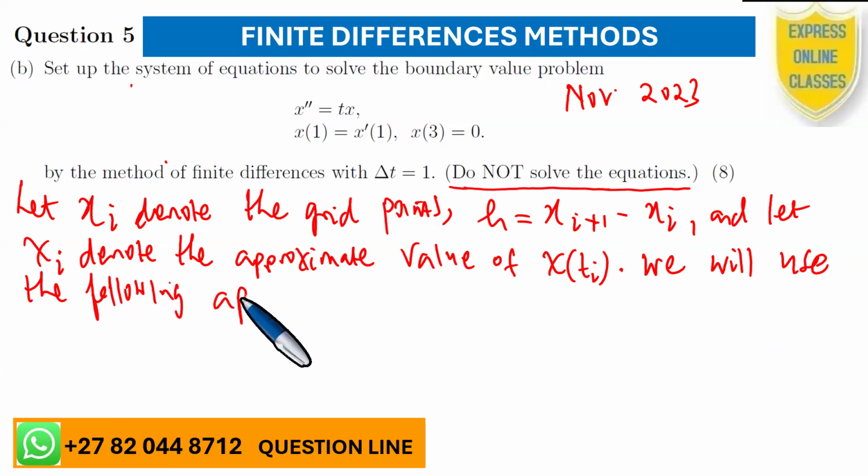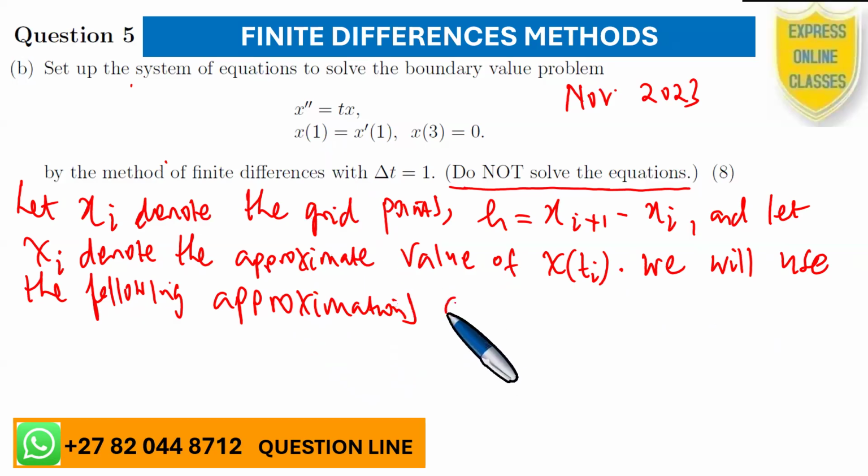We shall use the following approximations. So the approximations would be this one here, for example, because we are dealing with this. How will these therefore be important to us?